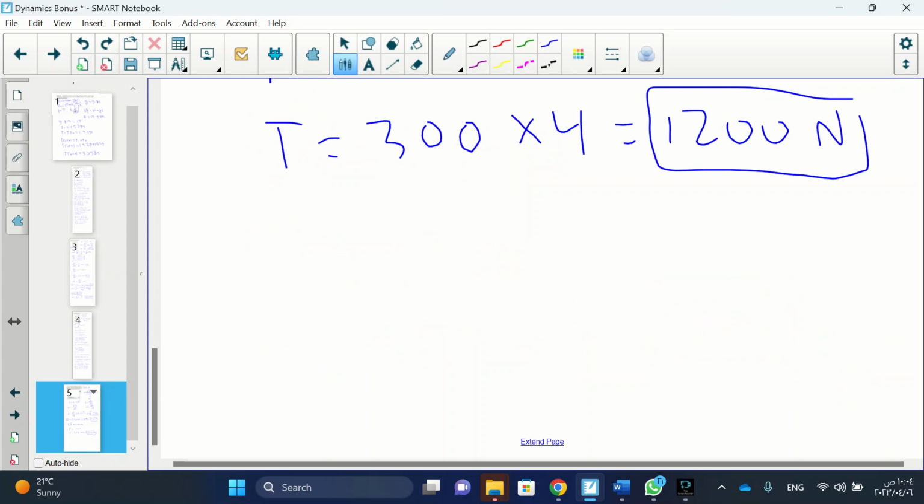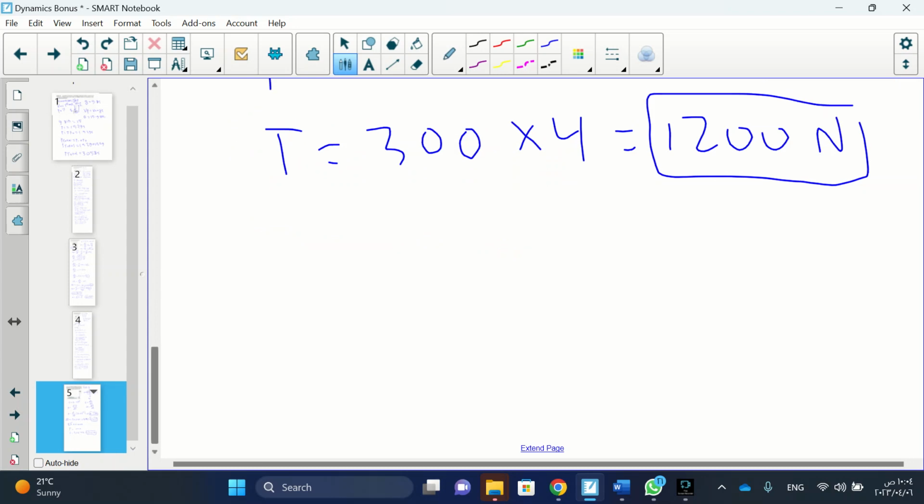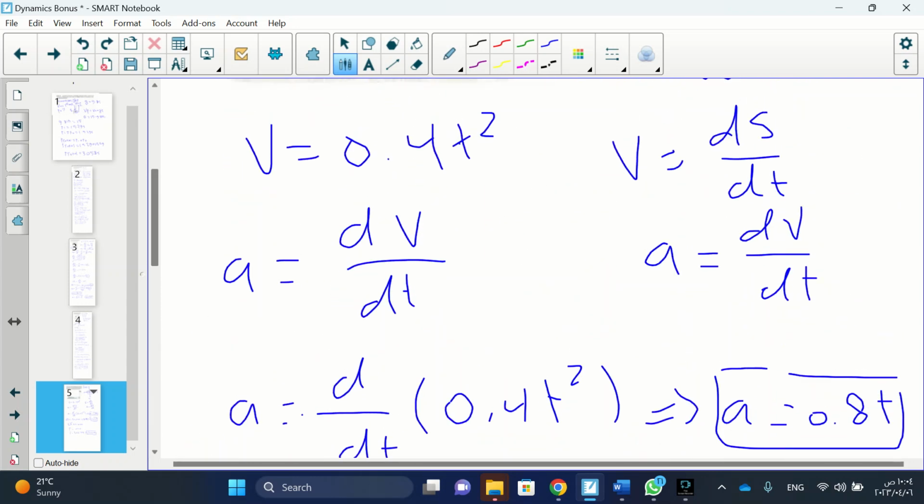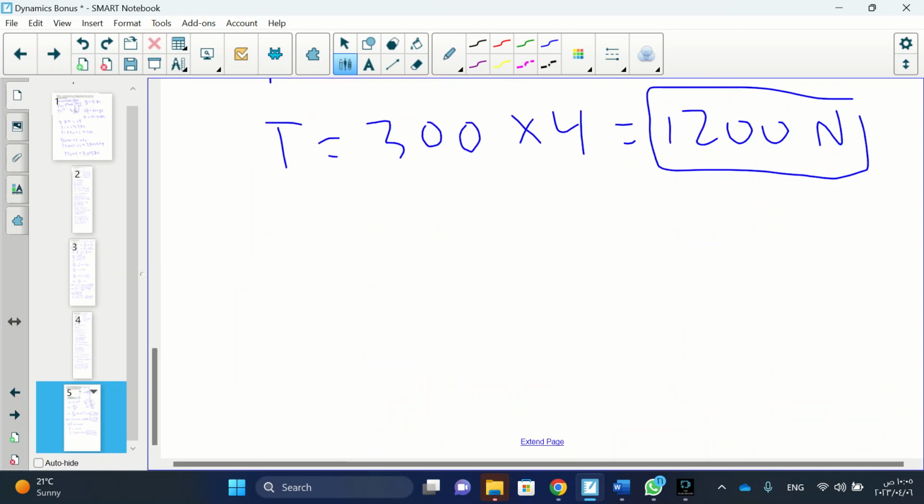Okay, so now we need to find S. How do we find S? In order to find S, you need to use this equation, because it contains S. V equals ds over dt.